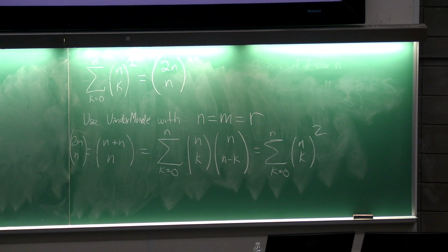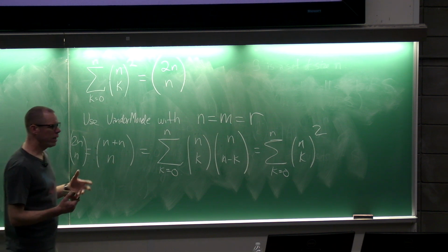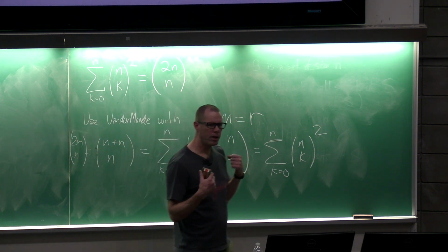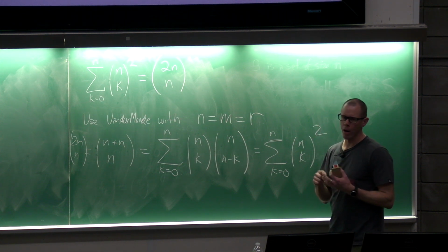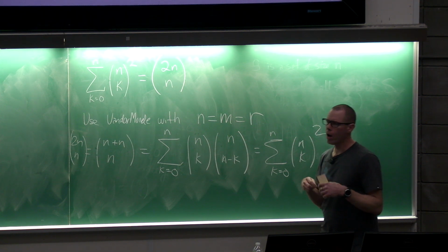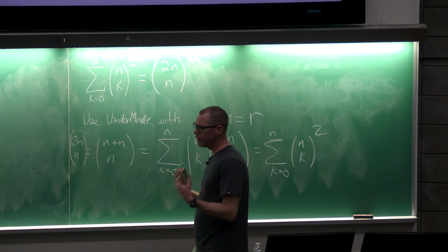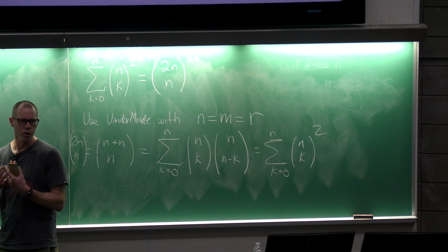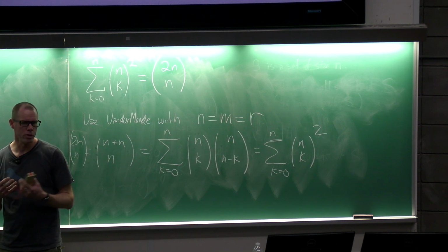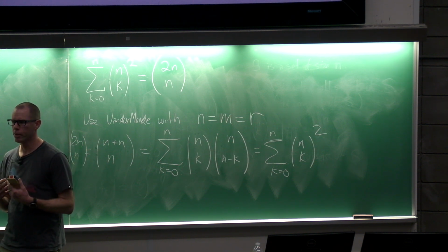So I've said it before, most of the stuff we do in this course, every individual step is easy. The rules that we have for doing things, product rule, sum rule, complement rule, all of those are simple and easy to understand. Where the magic happens is just the clever use of those things. And this is one such example.